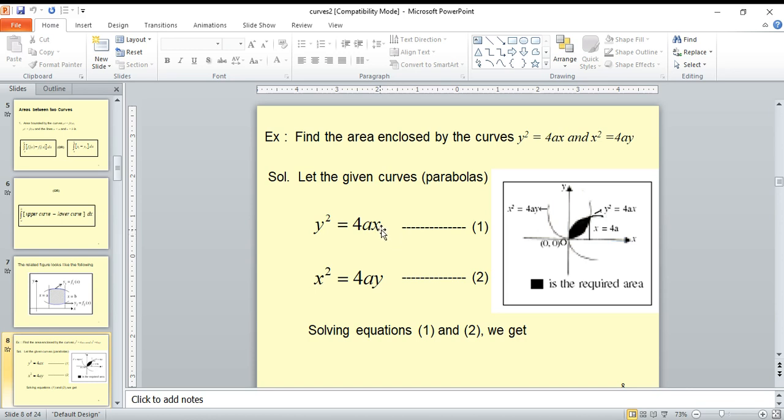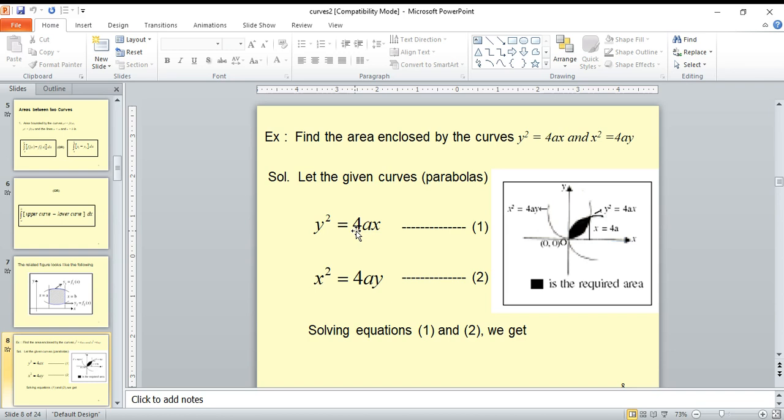Squaring on both sides, y power 4 equal to 4 square a square, 16a into 4a into y, that is 64 a cube y.